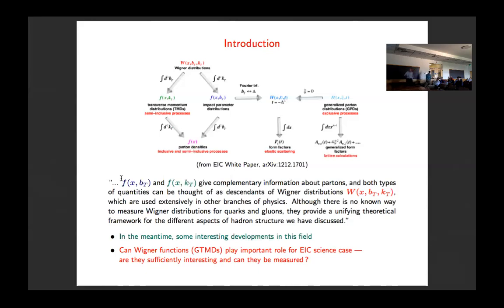Not just in such a graphic, like we have an overarching tool, but we don't know how to get there. So this has two sub-questions. Number one, are they sufficiently interesting? Number two, perhaps even more importantly, can they be accessed at the EIC? And I try to present the state of the art in this area.